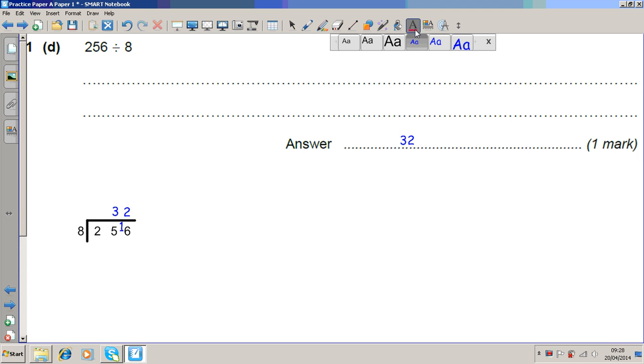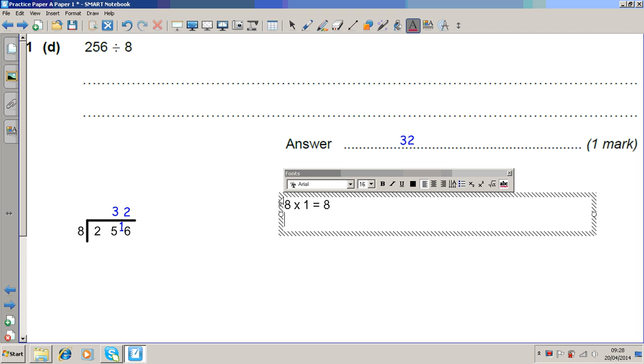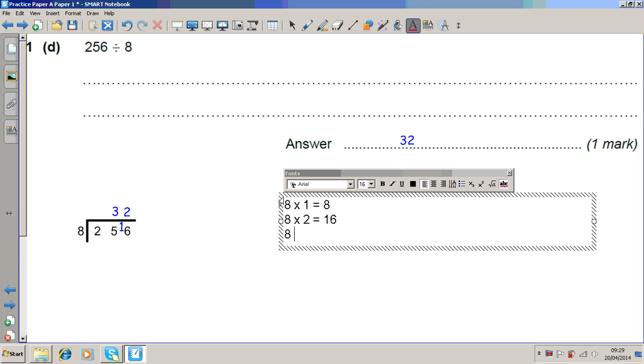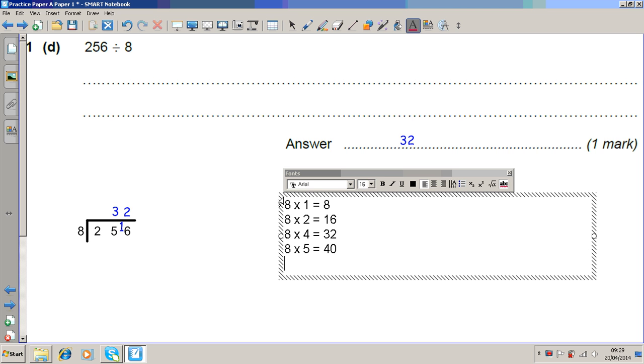Now, if you're not too keen on bus shelter, then you need to times your way up. So I just write down all of the things you need to know. You know 8 times 1. You know 8 times 2 is 16. You know 8 times 4, that's easy, that's 32. 8 times 5 is 40. So write down all the simple things you need to know. 8 times 10 is 80.